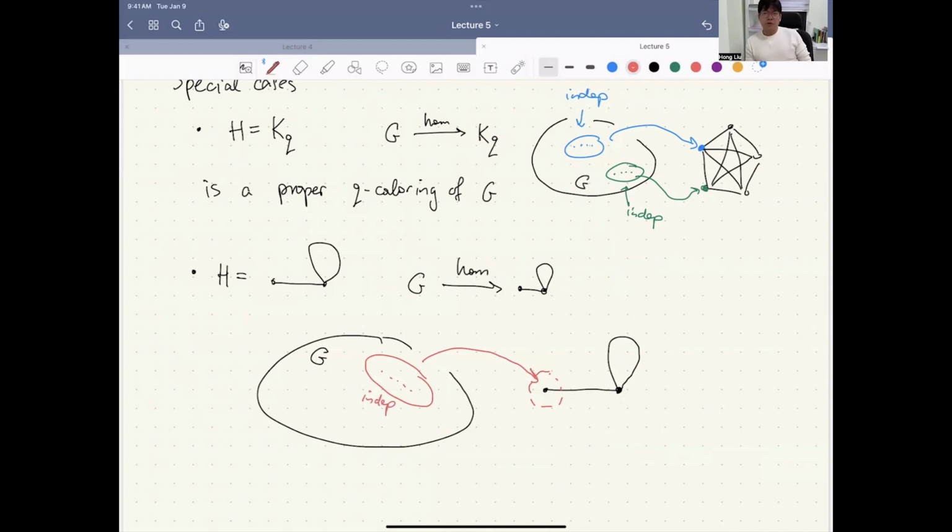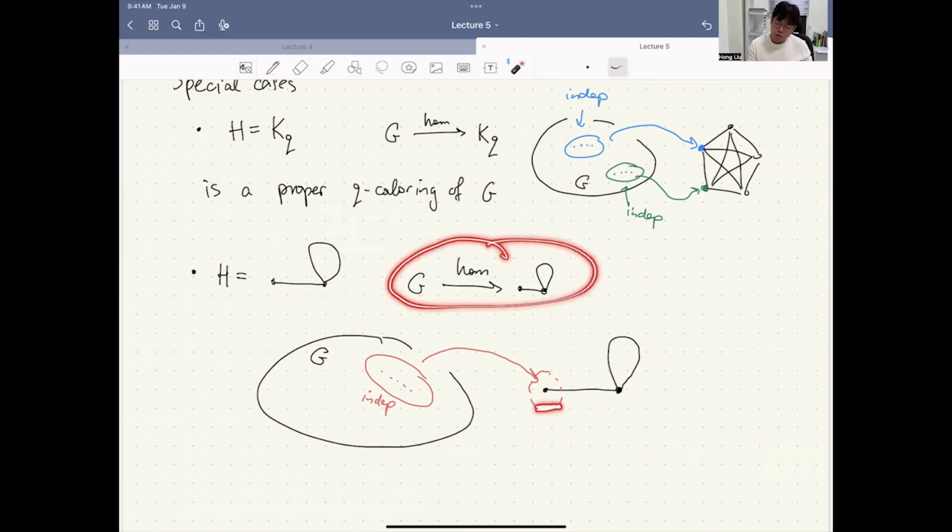That means every possible homomorphism from G to this graph corresponds to a particular independent set, by looking at the pre-image of this vertex.